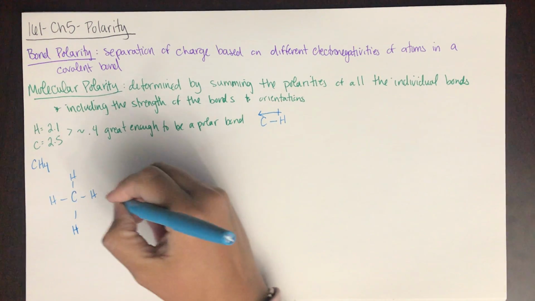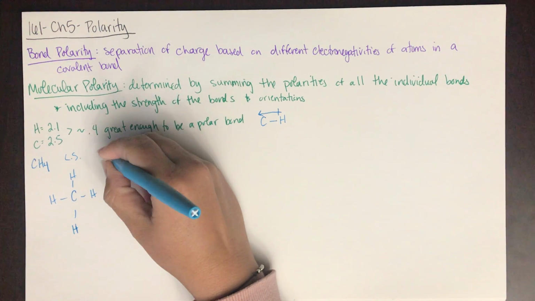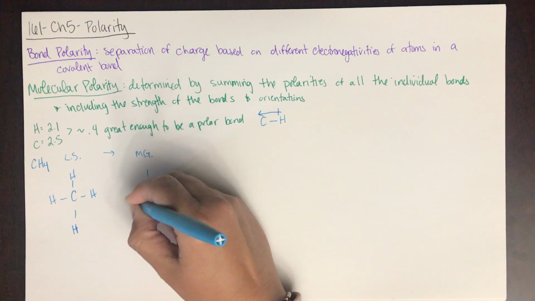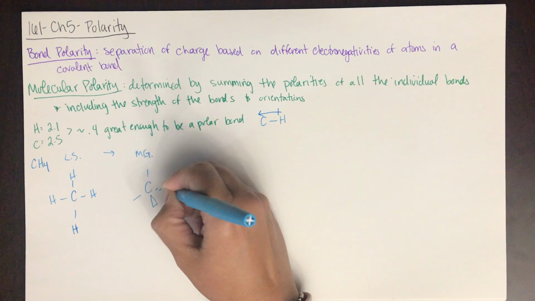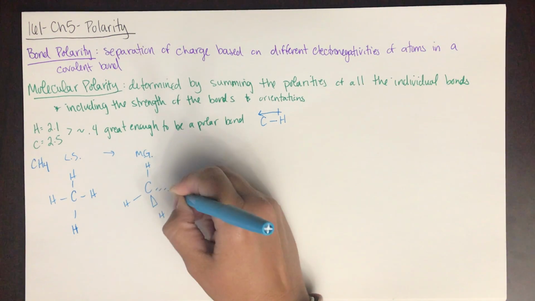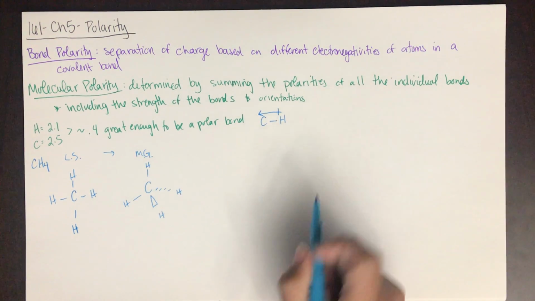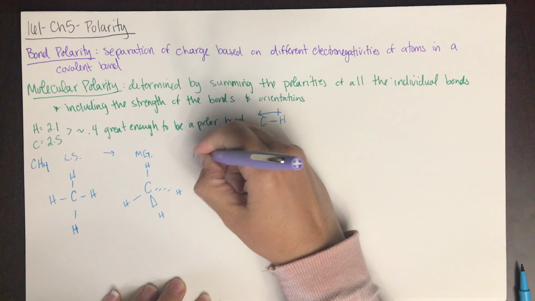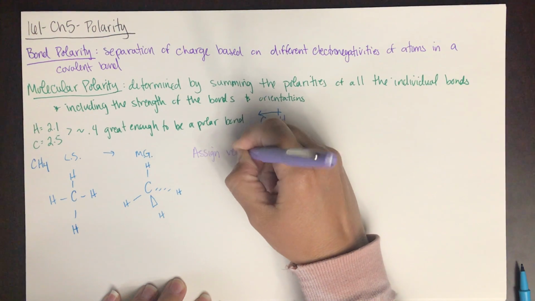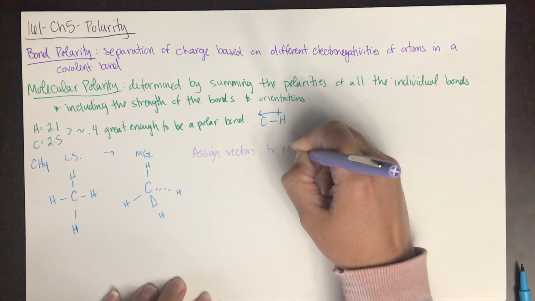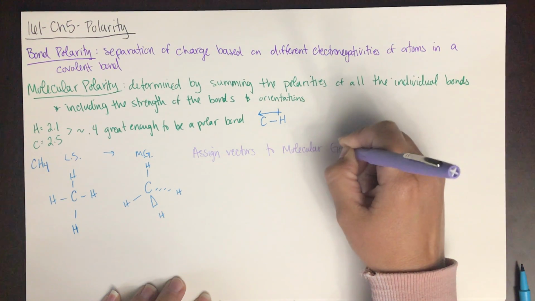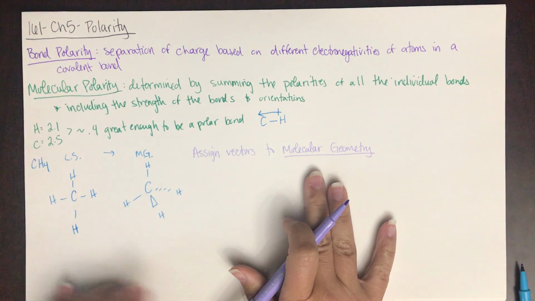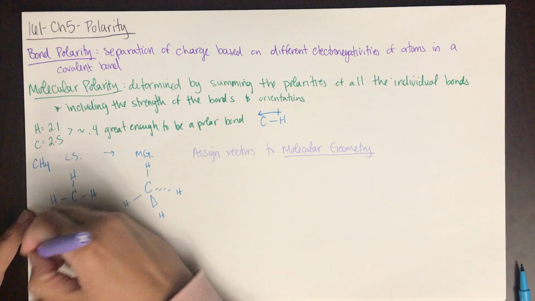So this is the Lewis structure. So from the Lewis structure, we would draw the molecular geometry. The molecular geometry would look like this. To the molecular geometry, we would assign what are called vectors or dipoles. Assign the vectors to the molecular geometry, not to the Lewis structure.